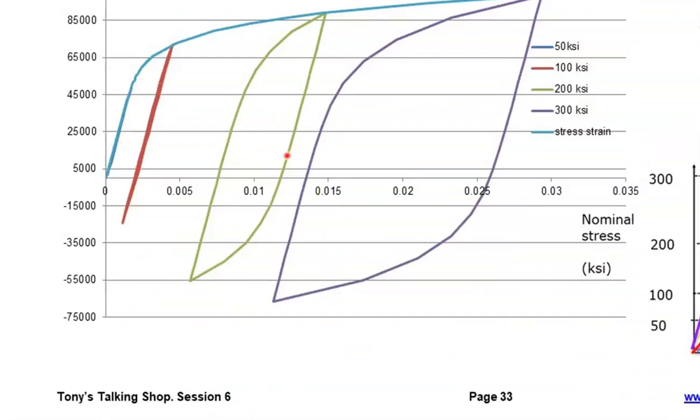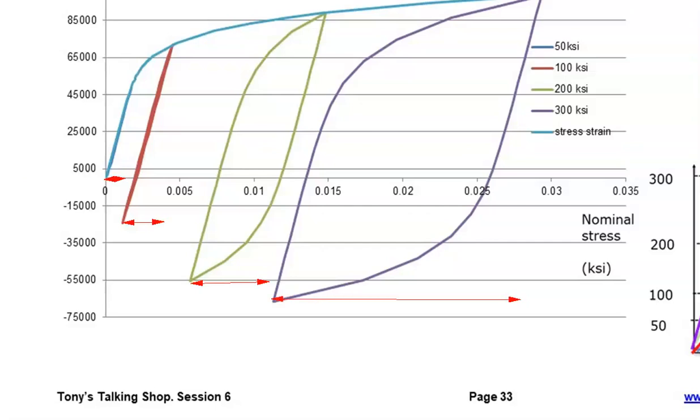We get a dumpier shape in there, and here's an even bigger shape. In each one of those cases, let's say we had a Miner's damage rule, we'd add up the strain range there, there, there, and there, divide each one of those by 2, and each one would then look up an EN curve to get the behavior.